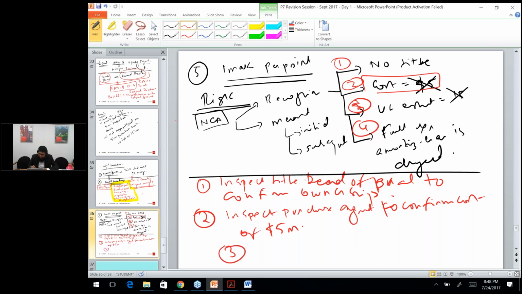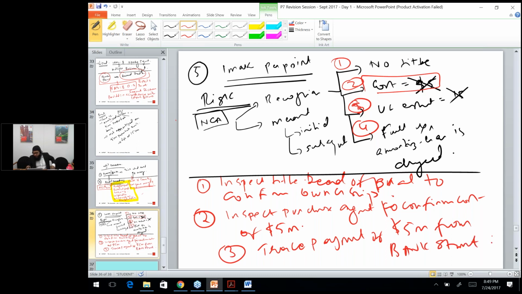Number three, useful life estimate. In fact, with respect to $5 million, you could also trace the payment of $5 million from the bank statement. And then we have the useful life estimate.